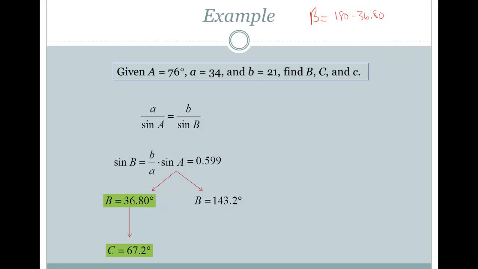So if I plugged in the sine of 36.80 or the sine of 143.2, they're both going to produce a value of 0.599. However, this one is not a solution. Okay, this one's not going to work, and the answer is pretty simple. If you understand that the sum of all the angles in a triangle equals 180, you're going to see why 143.2 doesn't work.